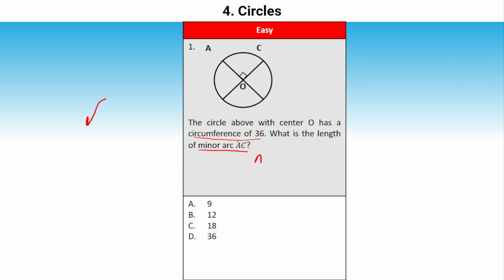Length of minor arc AC divided by the total circumference, that is 2 pi r, or given 36, will be equal to the central angle, that is 90 degree, divided by the total angle of the circle, that will be 360 degree. Let's solve it. So AC will be equal to, if you solve it, you will get the value of 1 by 4.